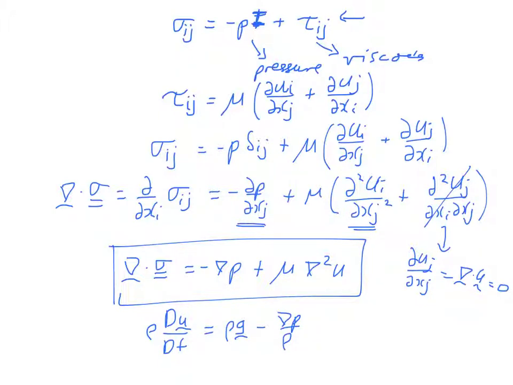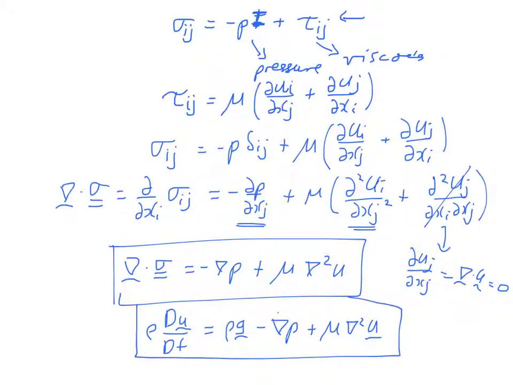This is a minus grad p here, and then we have a plus mu times grad squared u, and this is our vector equation for the conservation of momentum in point form.